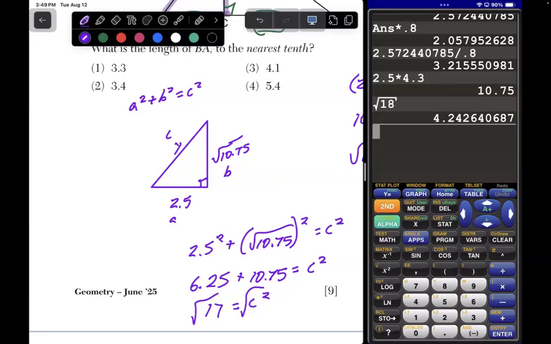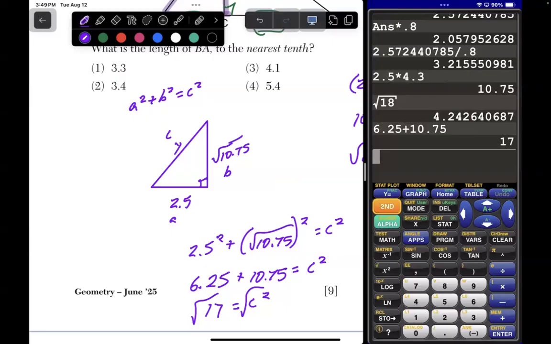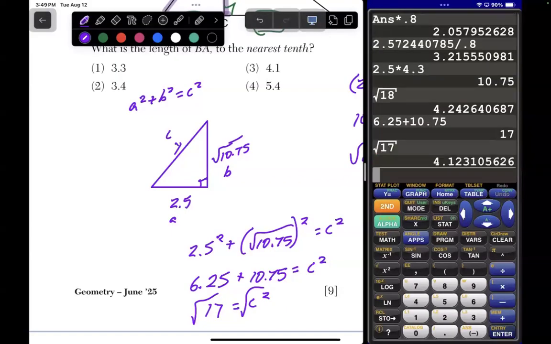That's mental math for you. That's why we have calculators. So 6.25 plus 10.75 equals 17, and we want the square root of that, which is 4.1. There's your answer.